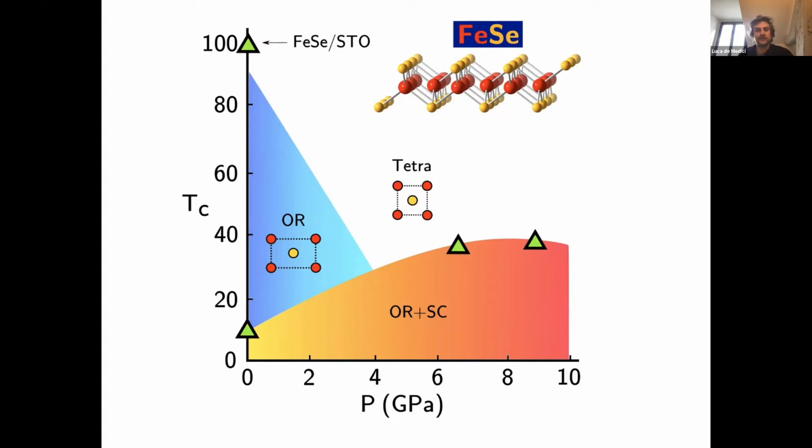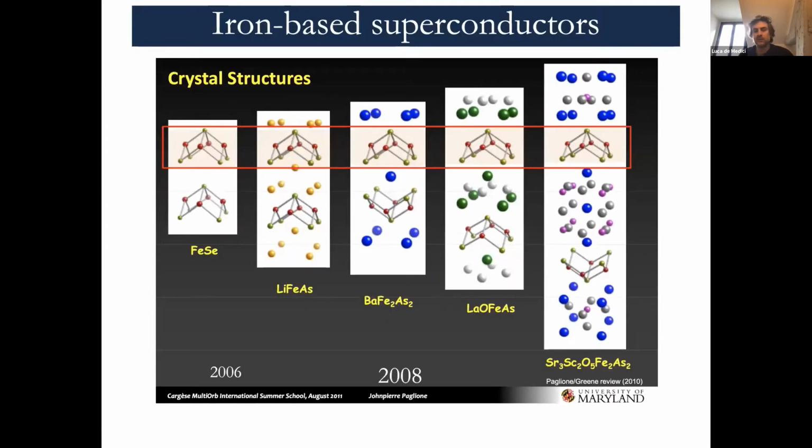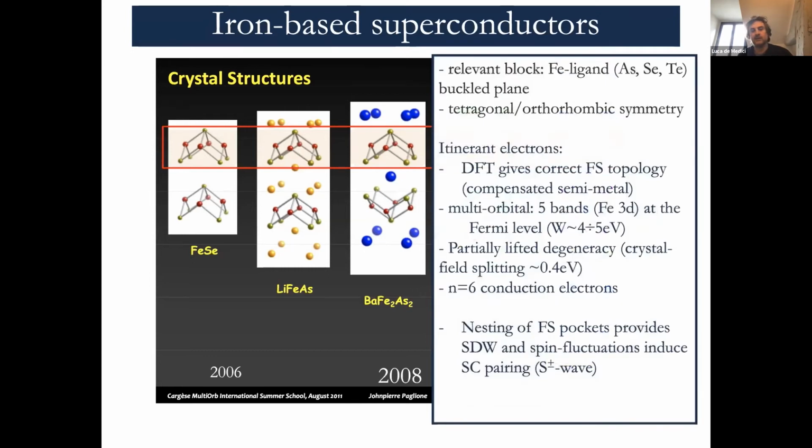The basic blocks of all the iron-based superconductors, as you know, are the same: a buckled plane of iron on a square lattice with ligands above and below. Iron selenium has only that, whereas the other families have some charge reservoirs in between. The symmetry is always tetragonal or orthorhombic in most cases, and the itinerant electron approaches that we can use to model these materials, through DFT for instance, give the correct Fermi surface topology.